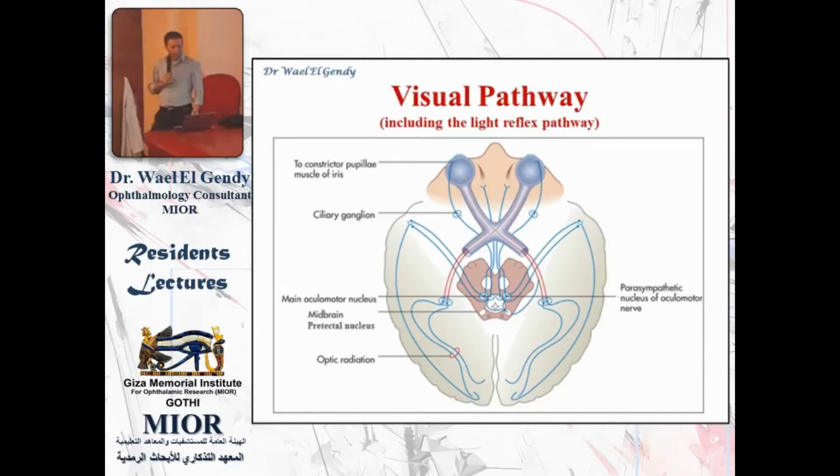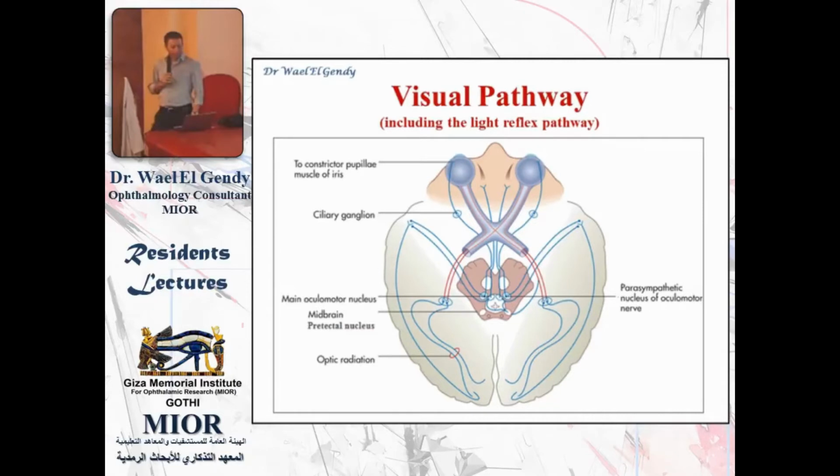The pretectal nucleus gives bilaterally to the main oculomotor nuclei on both sides, and then from the oculomotor nucleus the fibers to the pupil go to the ciliary ganglion, and from the ciliary ganglion to the constrictor pupillae in the pupil, and then you get the reflex for pupillary constriction in both eyes in response to stimulation of one eye. Any eye is stimulated, both eyes will be responding to that stimulation.